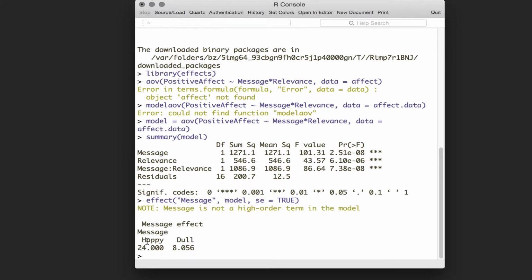our means. So we can see in the happy condition, it looks like regardless of relevance, because remember that's what this main effect means, regardless of relevance, it looks like the happy condition increased people's levels of positive affect relative to the dull condition. Now you see we get this notice here, it says message is not a high order term in the model.